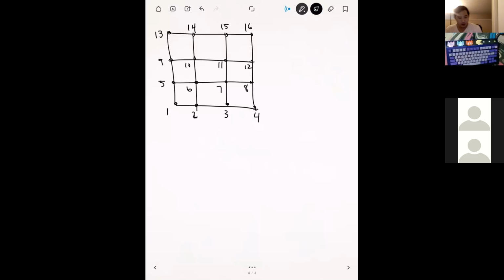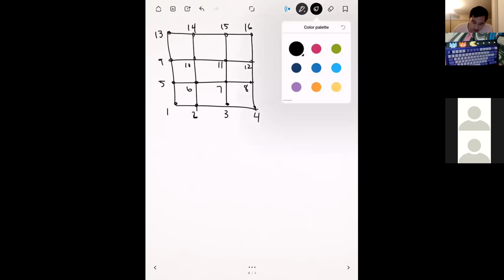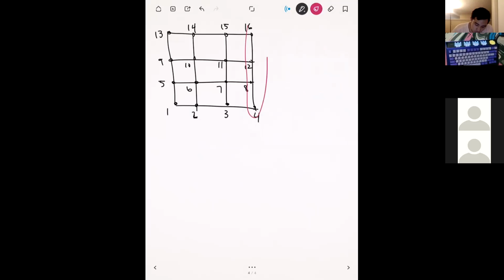Just for the sake of this example, let's say that on this right face, for these nodes right here, we're going to supply a Dirichlet boundary condition. Our Dirichlet boundary condition states that phi is going to be equal to 50.